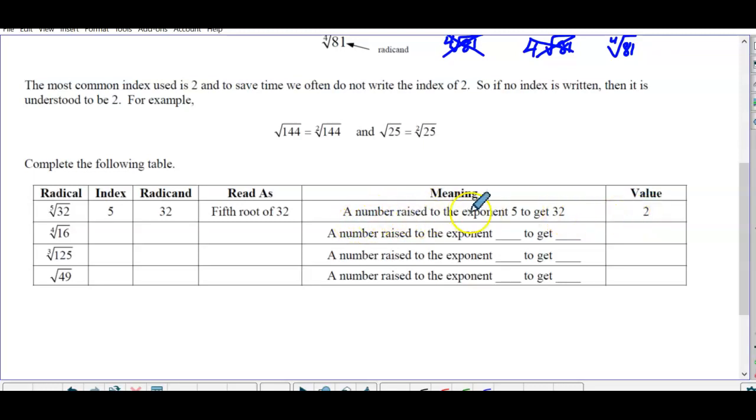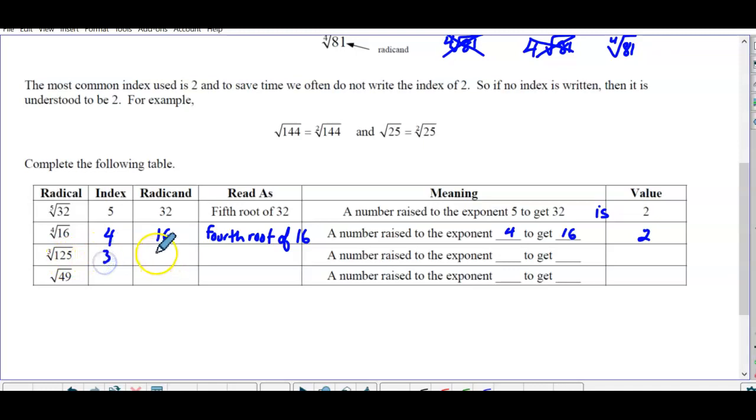That's your answer. 4th root of 16 here, so 4 is the index, radicand is 16. So a number raised to the exponent 4 to get 16 is 2. Just happens to be the same value there, okay?